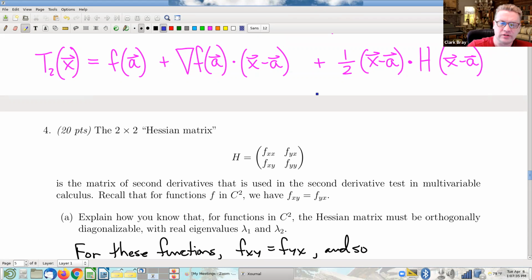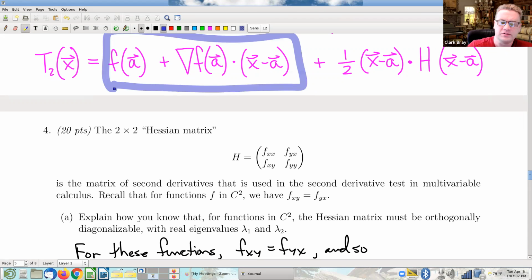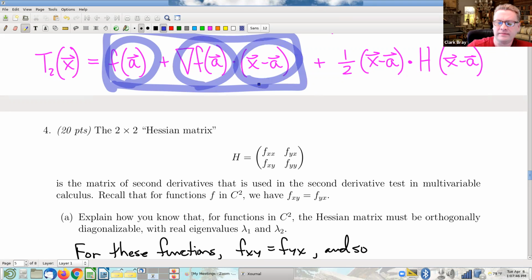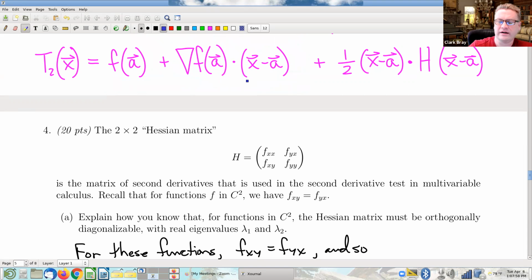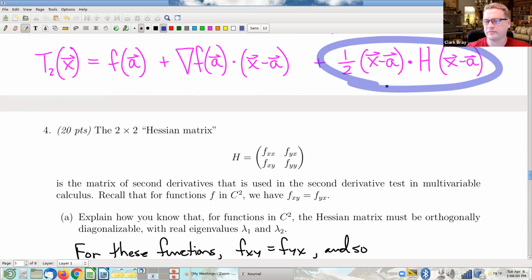I mean, you'll notice it actually looks a lot like the first order Taylor polynomial. That's pretty believable, right? Value plus derivative times delta x. It looks just like the formula for the single variable first order Taylor polynomial. So not a big stretch there. And I claim that this is what the second order term looks like.